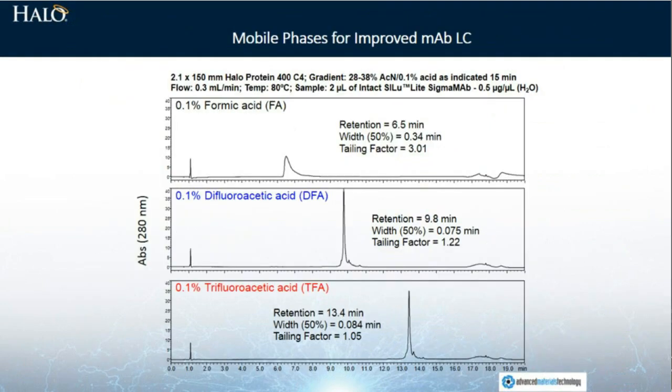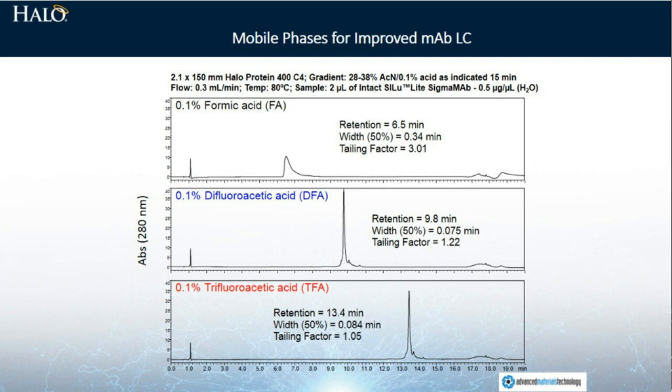So this is a comparison showing monoclonal antibody separation for the 3 most commonly used acidic modifiers: formic acid, difluoroacetic acid, and trifluoroacetic acid. Formic acid is a problem with intact protein separations, even at high temperature. Until you get above about 0.25%, you really begin to see significant recovery problems for a lot of monoclonal antibodies and peak shape.